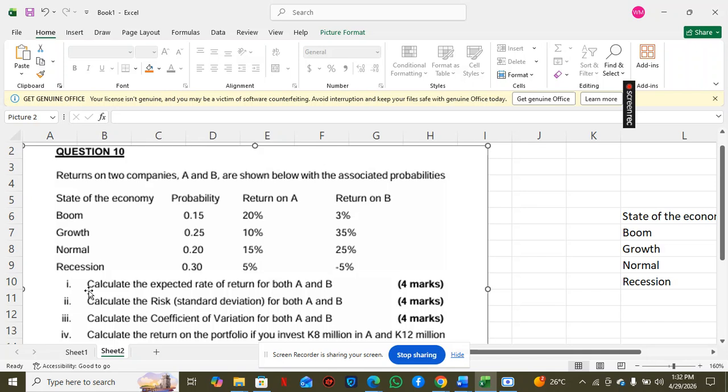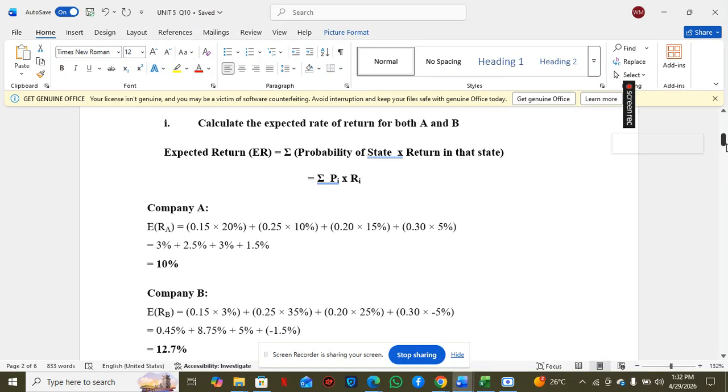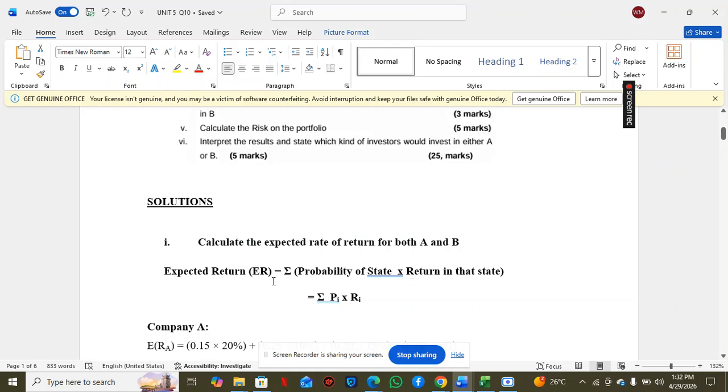So the first question here is calculate the expected rate of return for both company A and B. So this is the formula for expected return. Expected return is the summation of the probability of the state of the economy multiplied by the return in that state of economy.